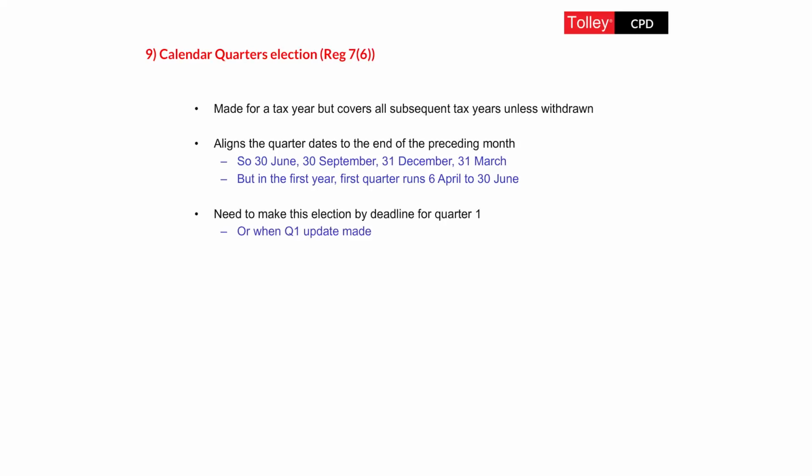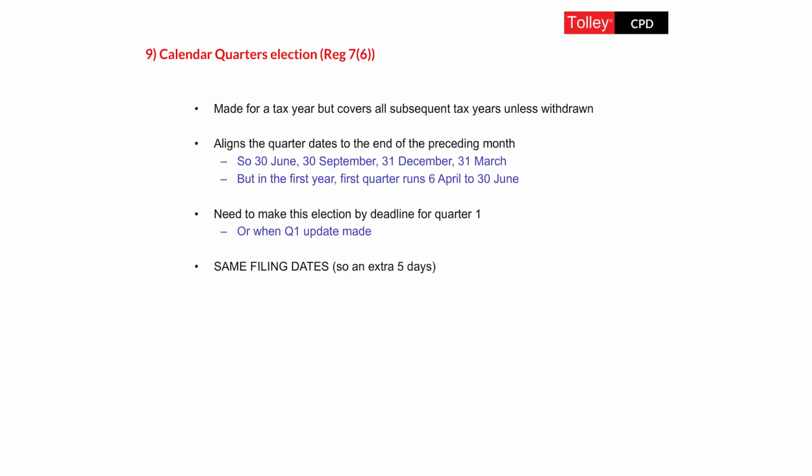You'll need to make the election before the deadline for your Q1 submission in the first year that you wish it to apply. So obviously I can see a practical implication of this is we're all going to be making those elections in the very first quarter, the quarter starting the 6th of April 2024.